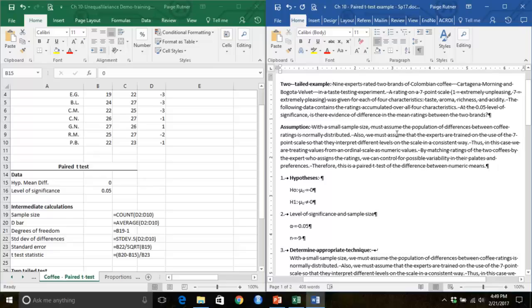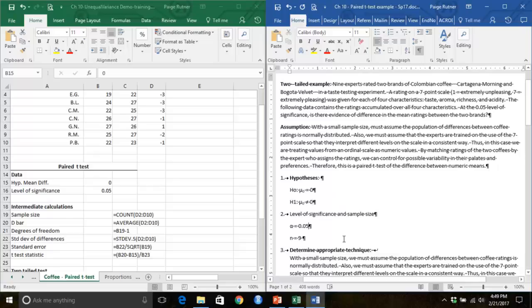Had we been asked to determine whether the difference was positive or negative, then we would have a one-tailed test. But in this case, we're just asked to determine whether there is a difference in the mean ratings. So that's a two-tailed test, where our alternative is that the difference is not equal to 0.